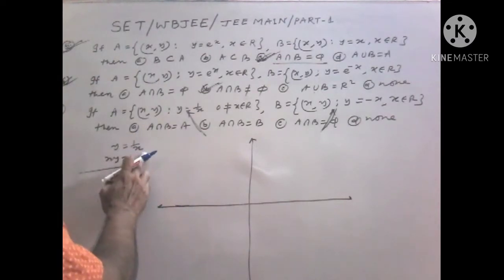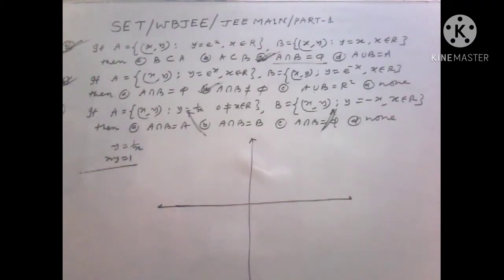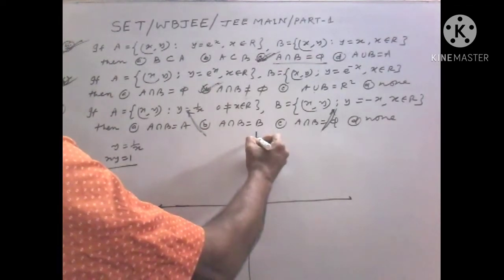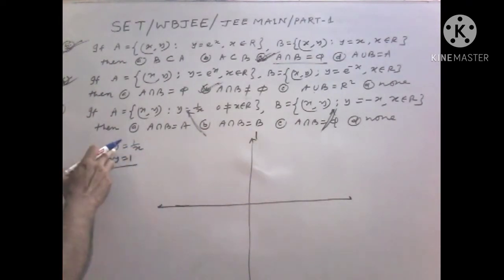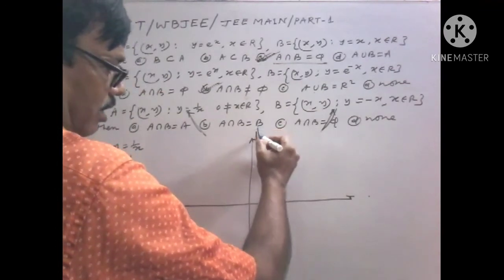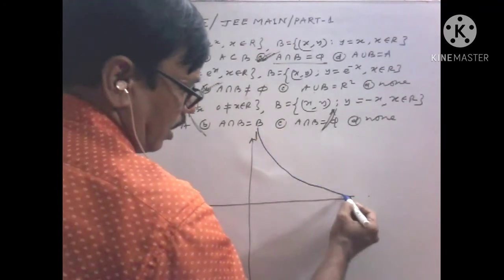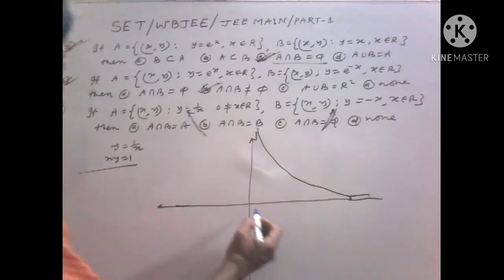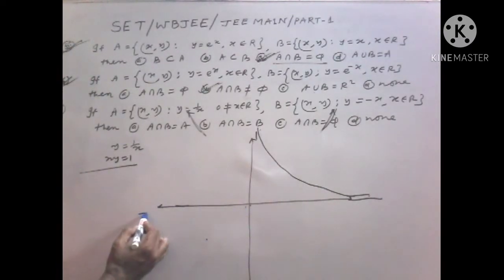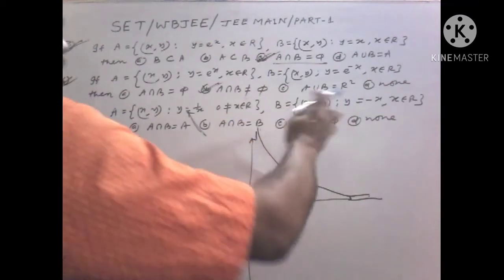At x equals 0, y is infinity, and at y equals 0, x is also infinity. So we know this is a rectangular hyperbola of this type, and when both are negative, it is the same type of curve, a rectangular hyperbola. This one is xy equals 1.